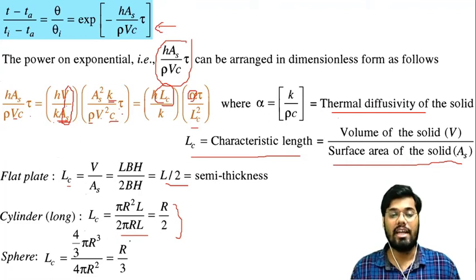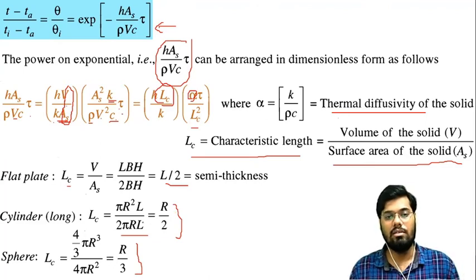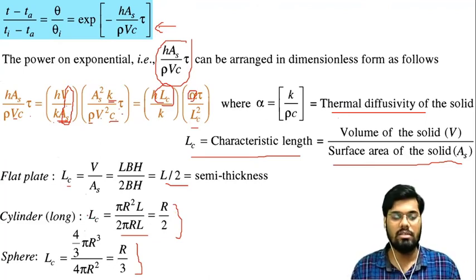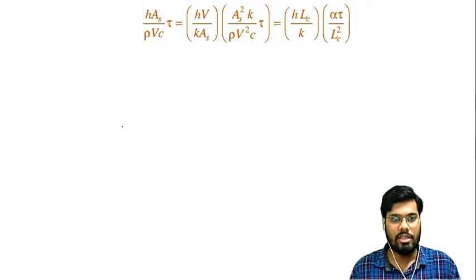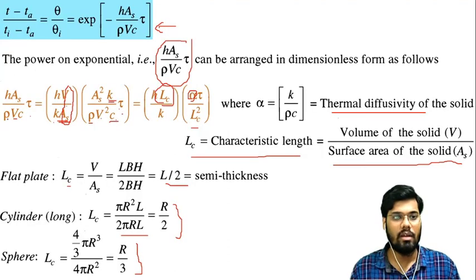So for a sphere, the characteristic length is r by 3. In numericals, we are going to directly use this r by 2 for cylinder geometry and r by 3 for the spherical.